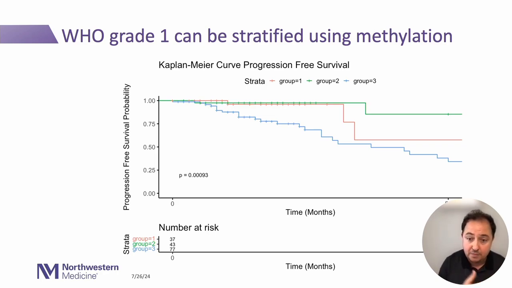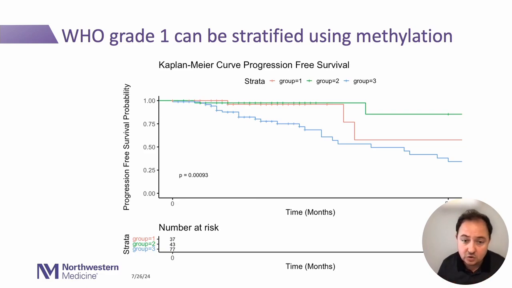When we plot the survival curve, we see very distinct survival curves, similar to what we saw before. This can indicate that samples deemed WHO grade 1 are actually not grade 1, but rather grade 2 or 3, or that they behave differently than what we expect of a grade 1 sample.